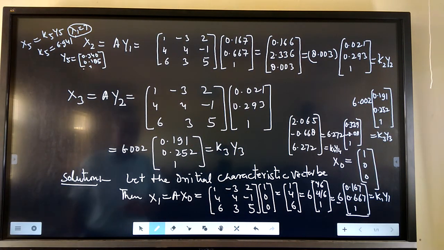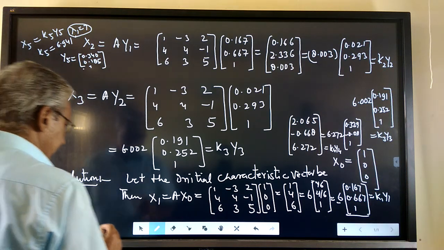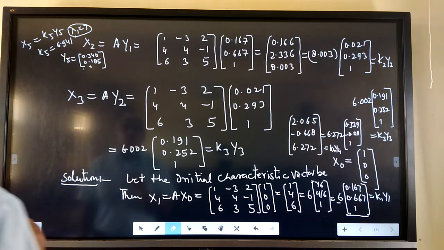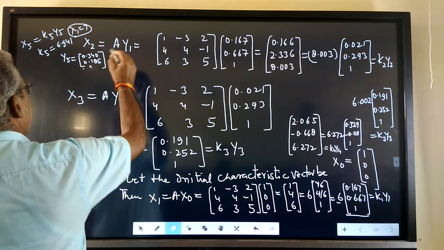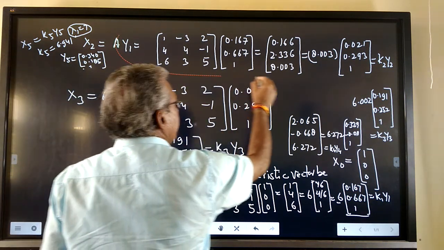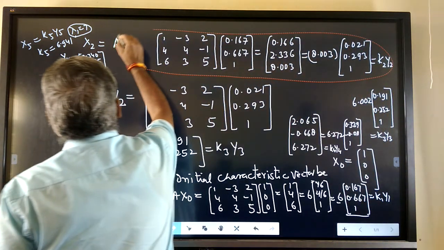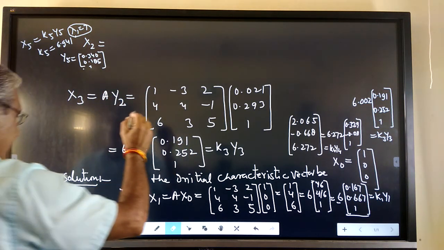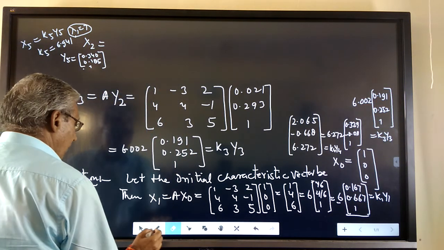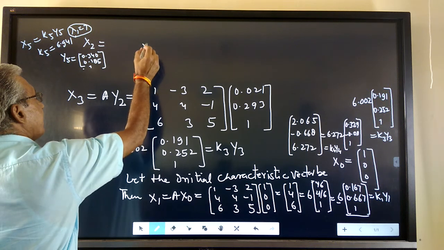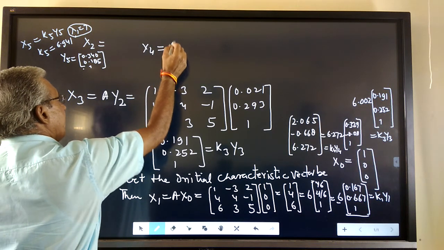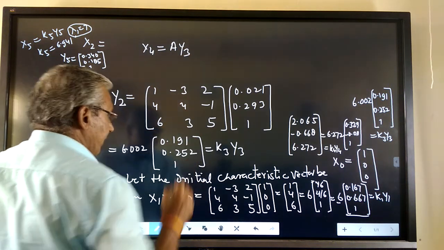The further iteration is given by x4 equals A y3.